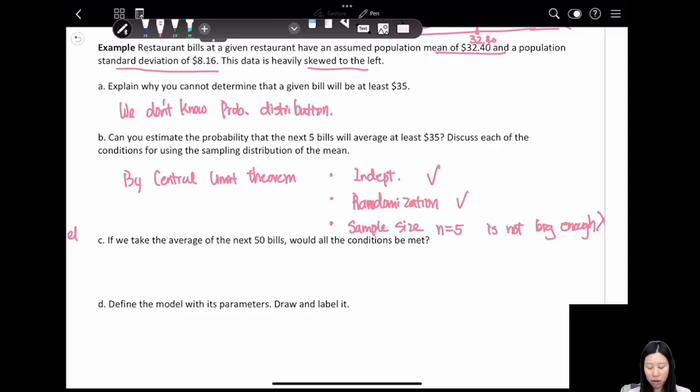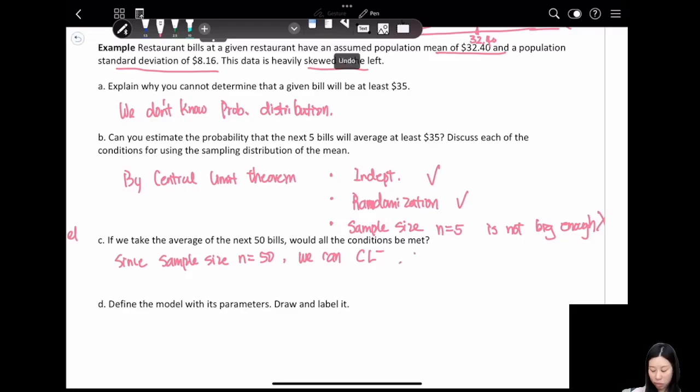C: if we take the average of the next 50 bills, would all the conditions be met? Yes, because it already met the first 2 conditions, independence and randomization. Now the sample size becomes 50, a big enough sample size, so the condition is met, and since n equals 50, we can apply the central limit theorem.